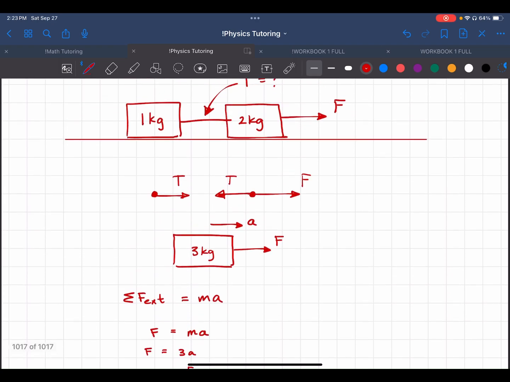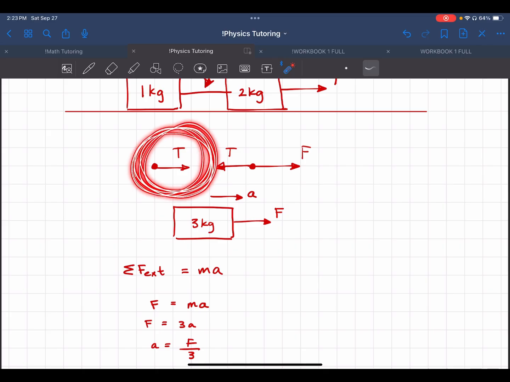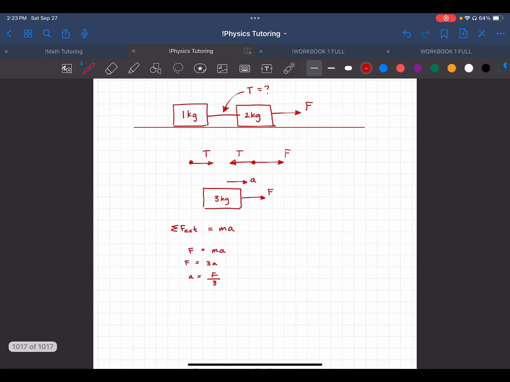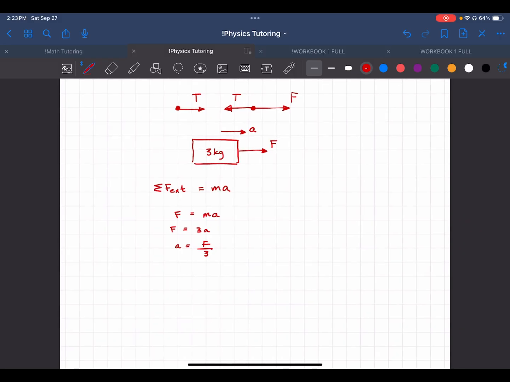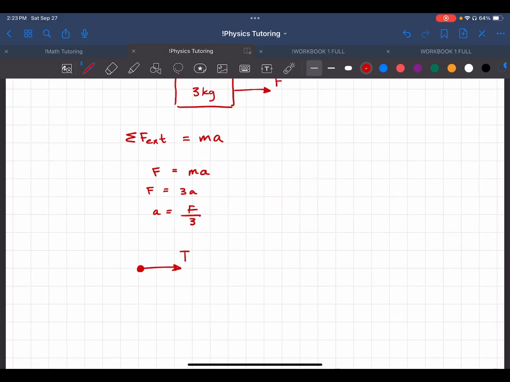Now what I can do is solve for this one right here. If I have the T, that's the easier one to solve. I can solve for the 1 kilogram one, with T going this way. Same thing: the sum of forces is MA.